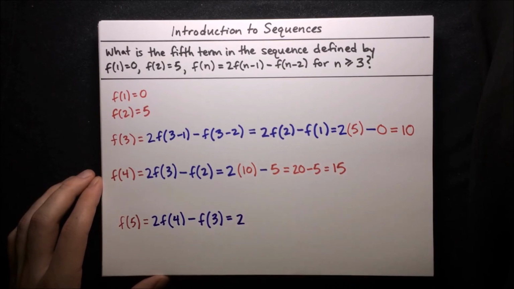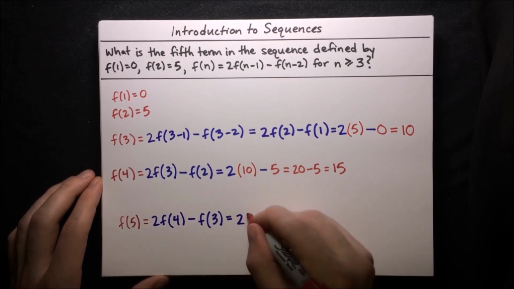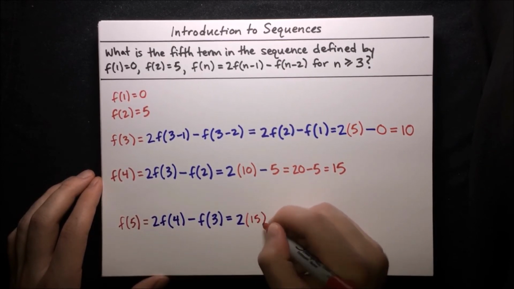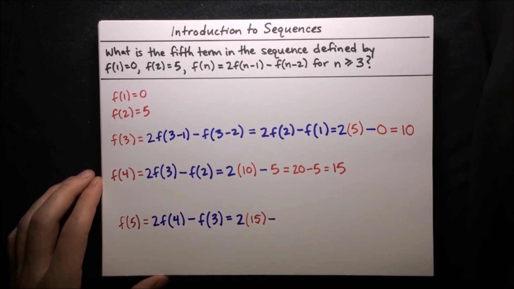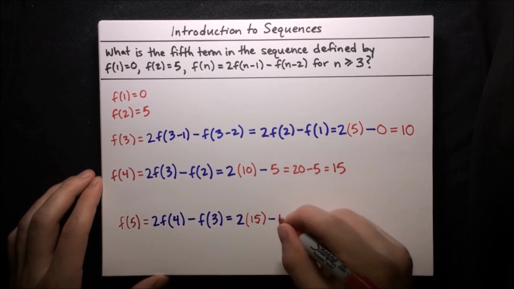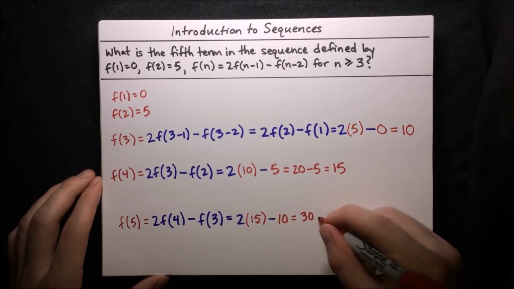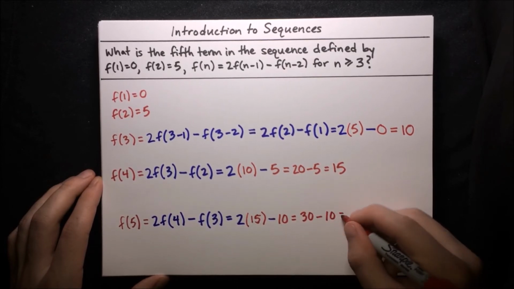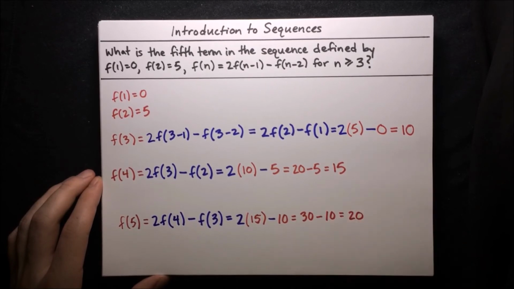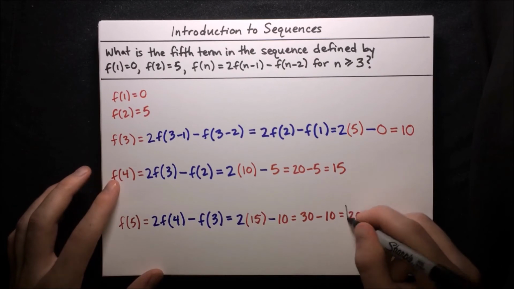So 2 times f of 4, which is 15, 2 times 15, and then minus f of 3, which is 10. 2 times 15 is 30, and then 30 minus 10 is 20. So there we go. There's the fifth term in the sequence. F of 5 is 20.